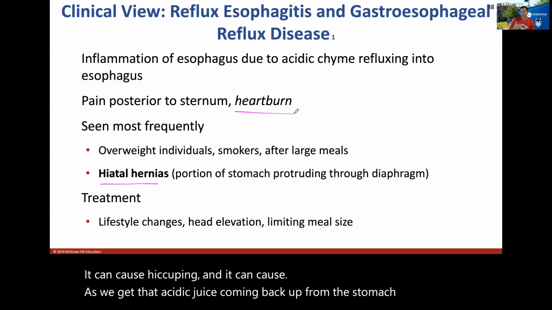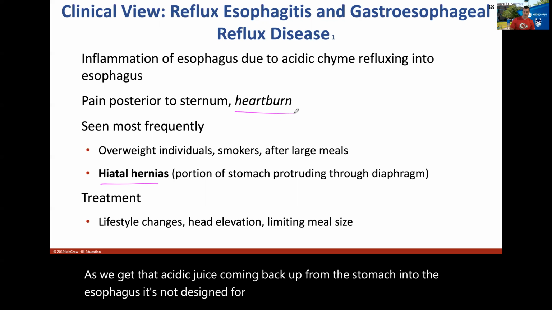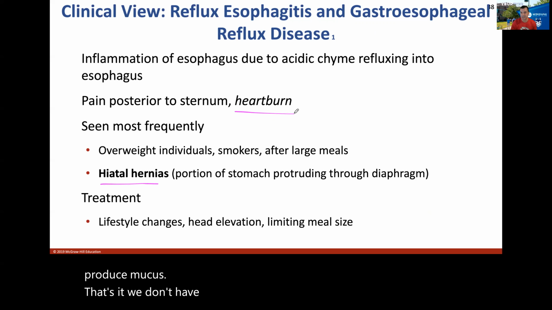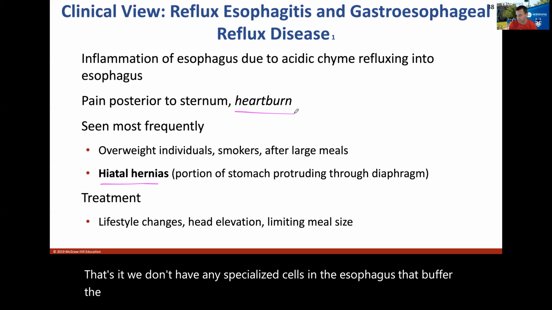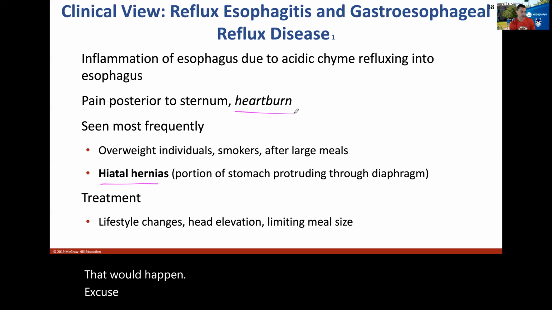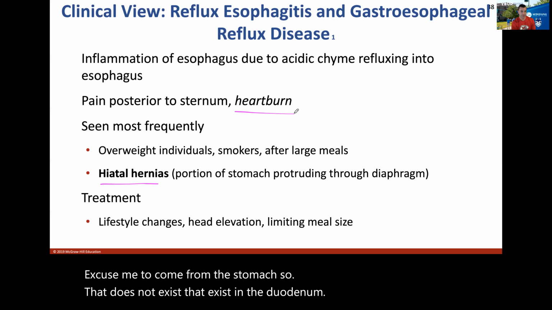It's not designed for that. We have goblet cells that produce mucus. That's it. We don't have any specialized cells in the esophagus that buffer the acidic content that would come from the stomach. So that does not exist. That exists in the duodenum, but not here.